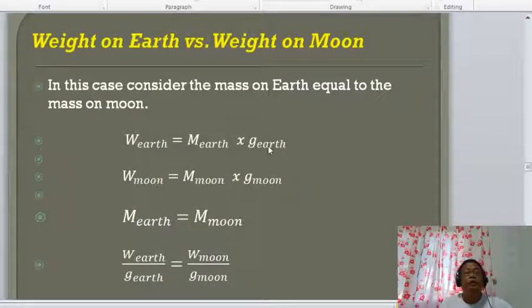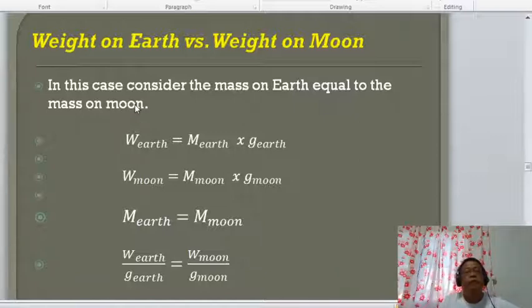Again, we have a relation between the weight on Earth versus the weight on Moon. In this case, consider the mass on Earth equal to the mass on Moon. So this is the principle. Weight on Earth is equal to mass on Earth multiplied by the gravitational acceleration on Earth.